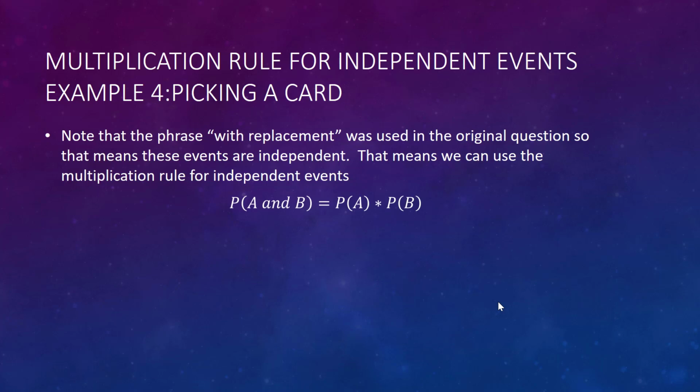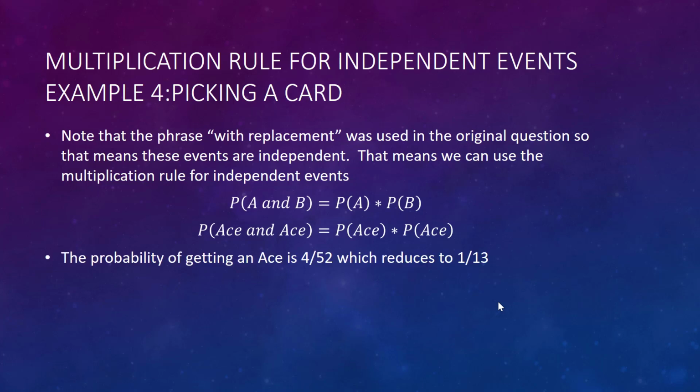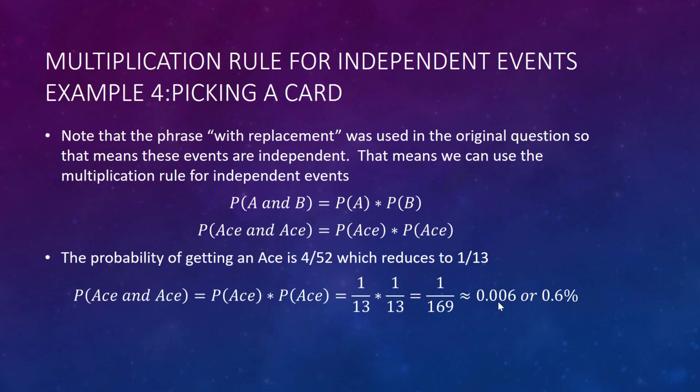Remember that says that the probability of A and B is equal to the probability of A times the probability of B. Putting that into the context of this problem, the probability of getting an ace and then another ace is equal to the probability of picking an ace times the probability of picking another ace. As we said on the previous slide, the probability of getting an ace is 4 over 52, and we can reduce this fraction to 1/13.